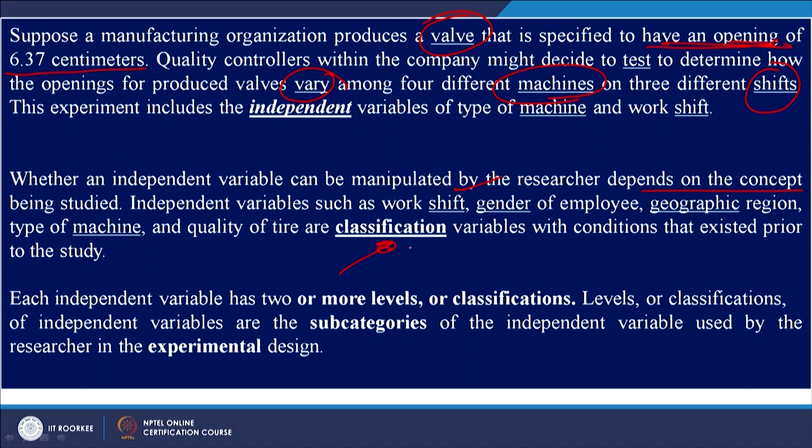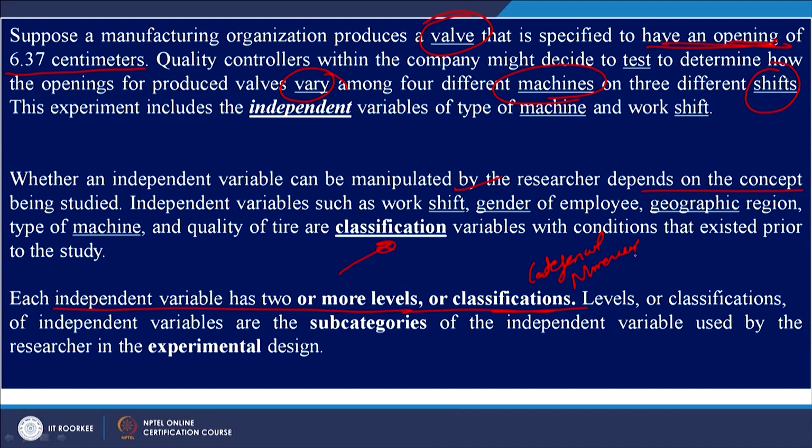Each independent variable can have 2 or more classification variables, and these can be either categorical or numerical.